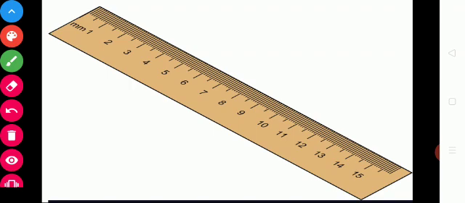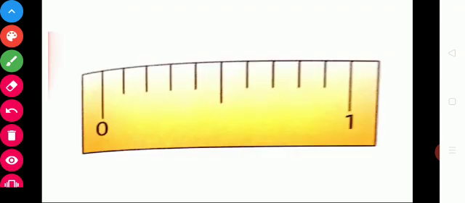In this ruler, small lines and big lines are there. What is this? This we can say units. Yes, children. So, this 0 to 1 we can say is 1 centimeter.